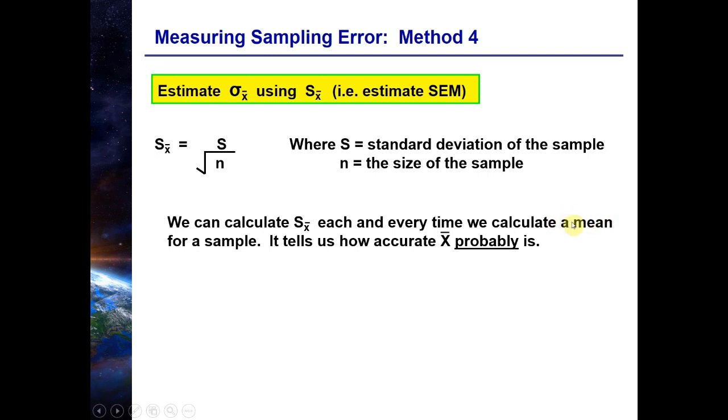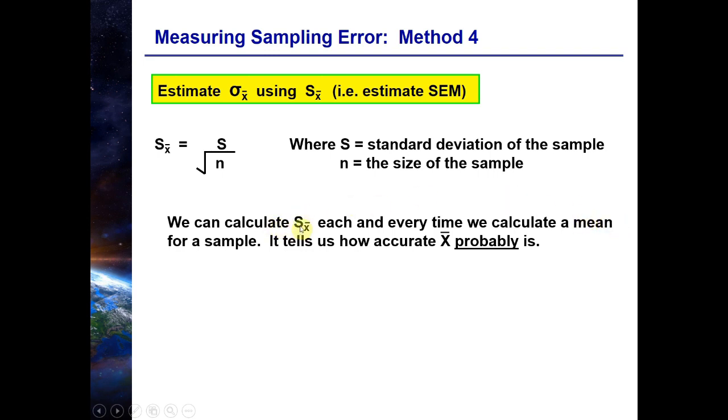So we get an X bar from our sample, a sample mean. We want to know, on average, do we have a lot of sampling error or a little bit of sampling error? Because if this number here is big, that means that on average, our X bar is probably going to be far from mu.